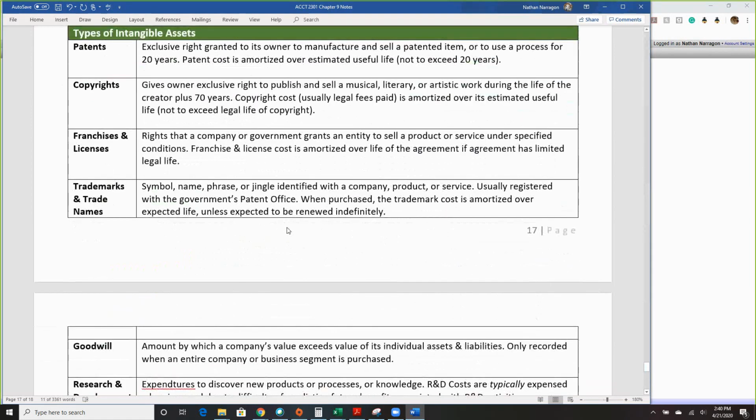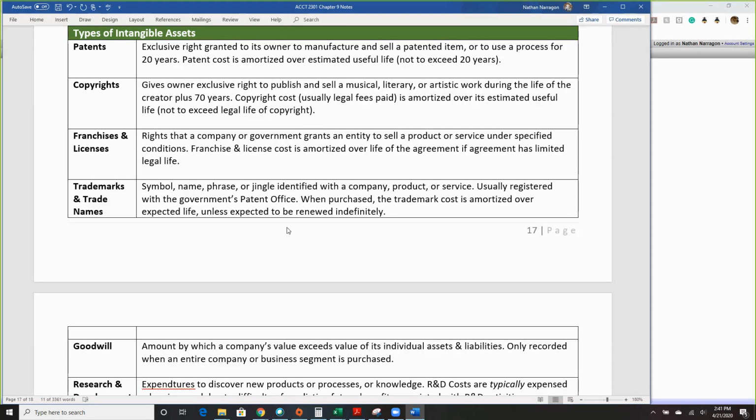So the types that we will receive, and you probably will have multiple choice on, because that won't surprise me, is first off we have patents. Again, patents are exclusive rights granted to its owner to manufacture and sell certain items. This is where a lot of lawsuits end up happening.